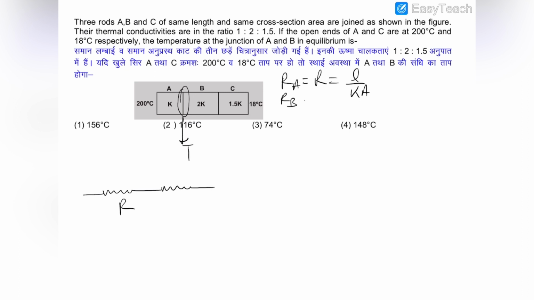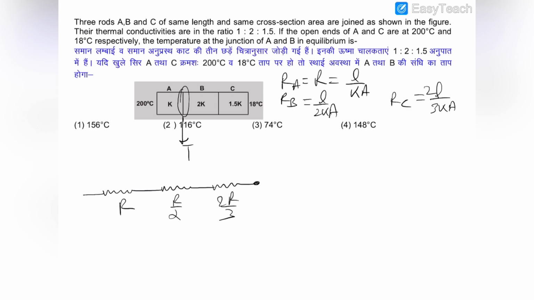So the only difference is of K. If the K of RB is twice, RB will be R by 2, and RC will be L by 3K A by 2, so this is 2R by 3.